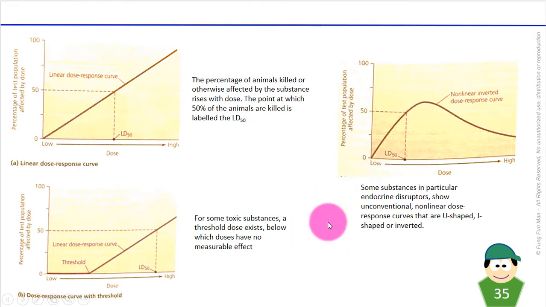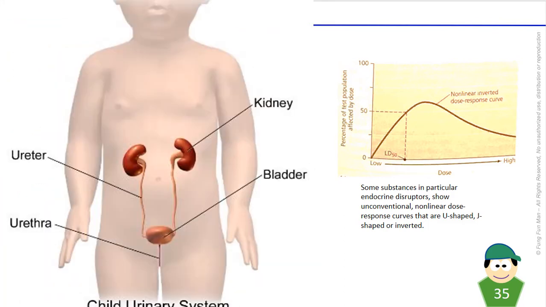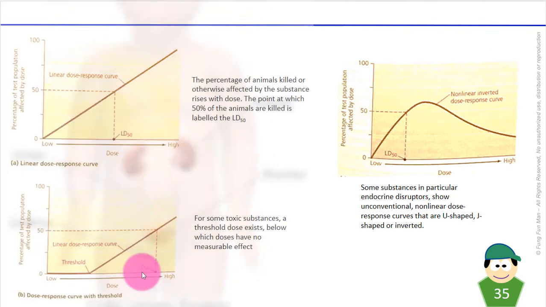Some substances can also elicit effects at any concentration, but generally the response may only occur above a certain level, which we call the threshold level. In this graph here, we call it a threshold dose. It might be expected if the body's organs can fully metabolize or excrete a toxicant at a low dose, but when you get too much of it, the body gets overwhelmed and just stores it, as you can't excrete it at a high concentration.